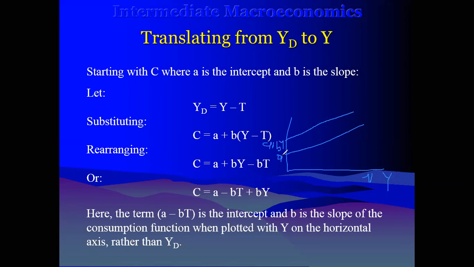And this one is when we are expressing the consumption function as a function of disposable income. I hope you understand. So now the intercept is no more A, but this expression here.